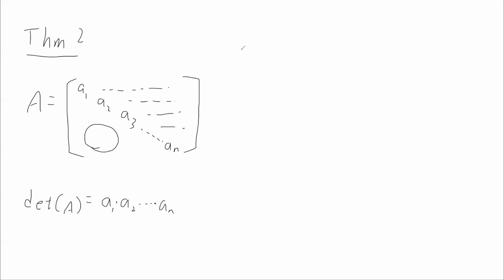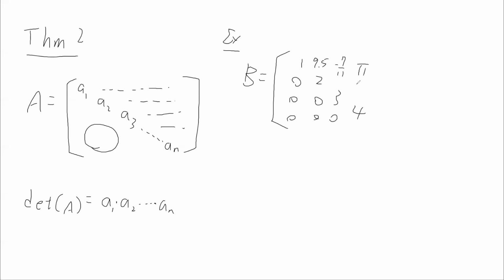So let's say I have a matrix B that looks like this: 1, 2, 3, 4, with zeros below the diagonal, and other entries above: 9.5, -7/11, pi, e, apple, maybe not apple, but whatever, right?